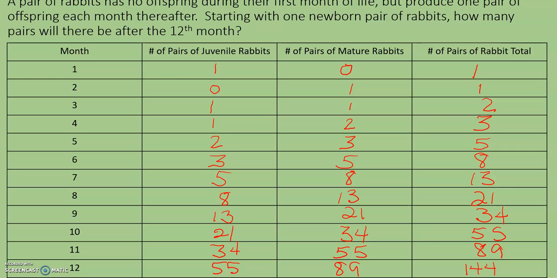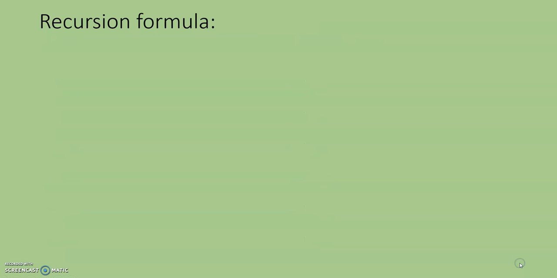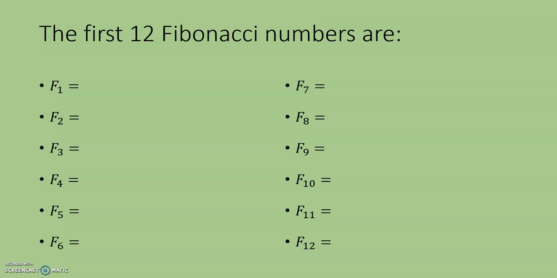Looking at that total pairs of rabbits column: 1, 1, 2, 3, 5, 8, 13, 21, 34, 55, 89, 144. The first 12 Fibonacci numbers are these. The first one is 1. The second one is 1.